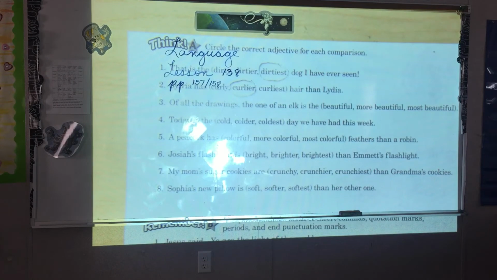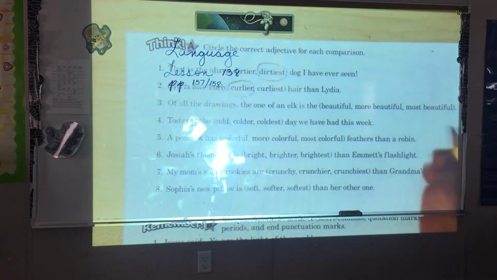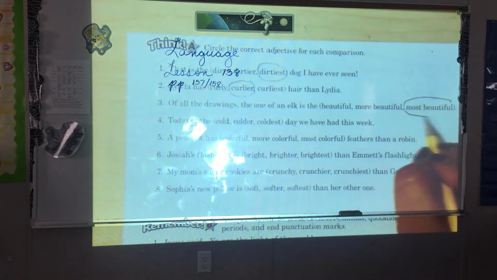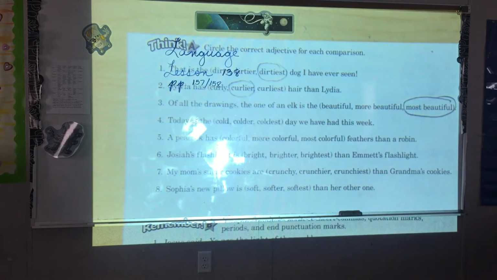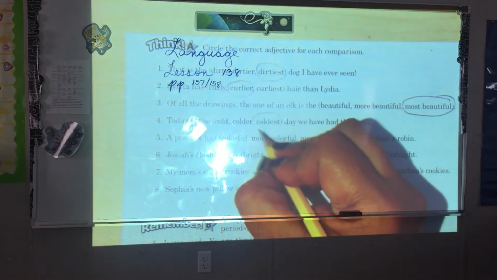Out of all, so I'm comparing it with more than two. Most beautiful. Today is the coldest day we have had this week. 2 days or 7 days? 7 days. So it will be coldest.